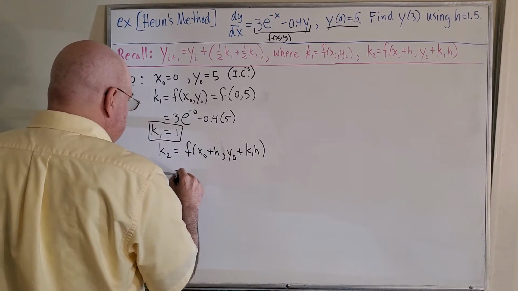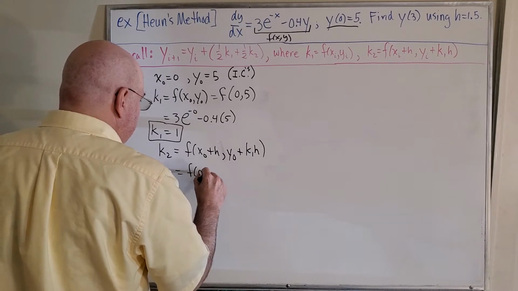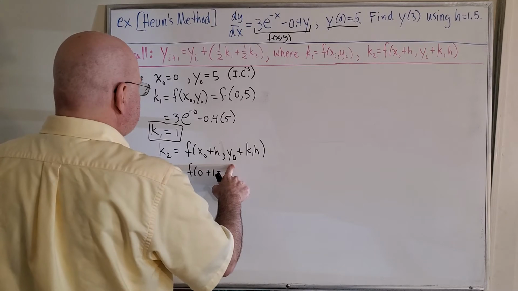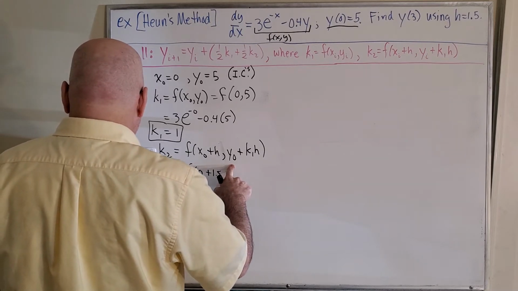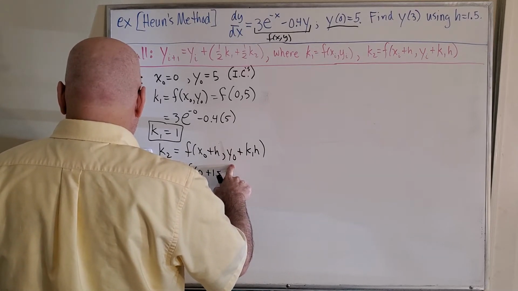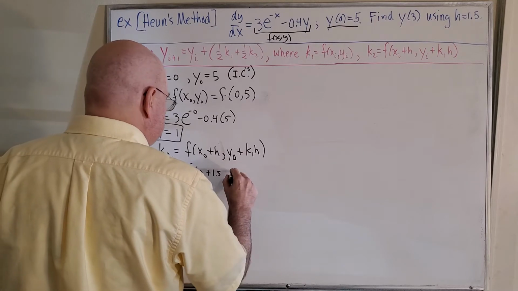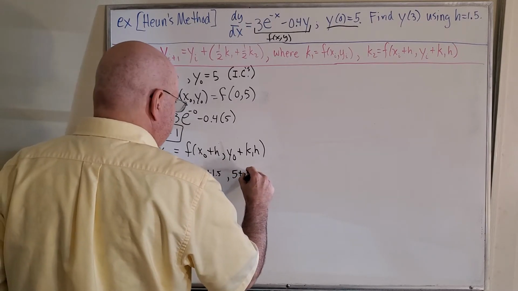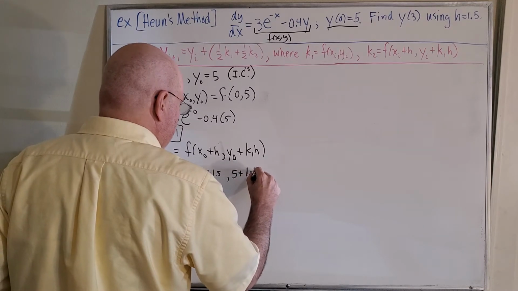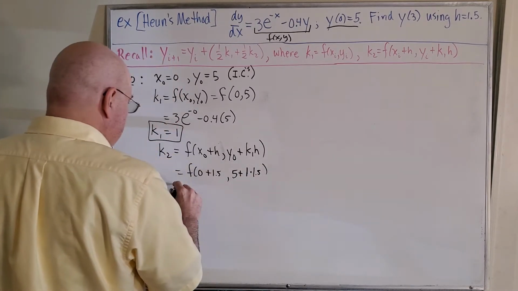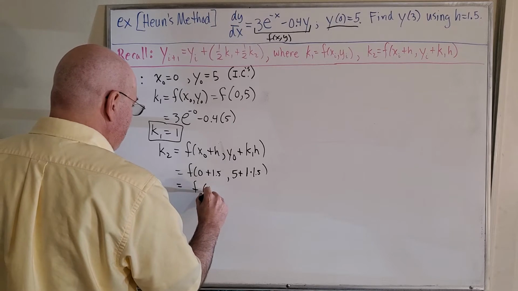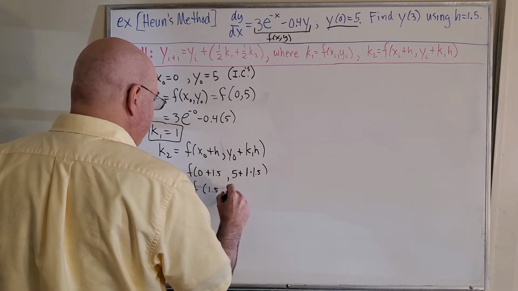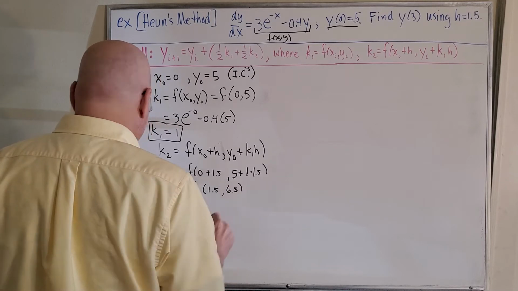So this is equal to f of 0 plus 1.5, and y0 was a 5, so 5 plus 1 times h, which is 1.5. 1 times 1.5. That's equal to f of 1.5, comma, 5 plus 1.5 is 6.5.